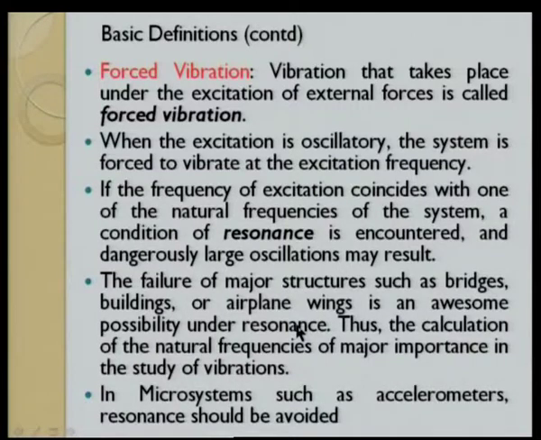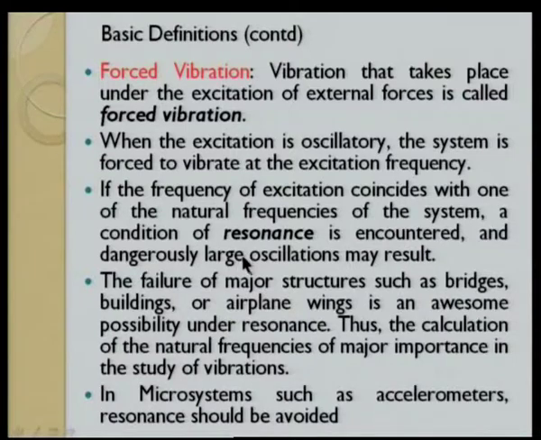Next, we will talk about forced vibration. Forced vibration is vibration taking place due to an applied dynamic force, that is, an external force is applied. That force will also be applied at a certain frequency, which is called the excitation frequency. If the excitation or driving frequency coincides with the natural frequency, then resonance takes place, and dangerously large oscillation may result.